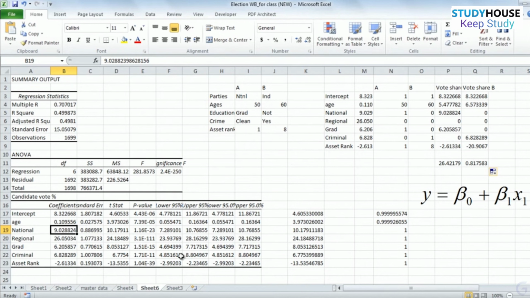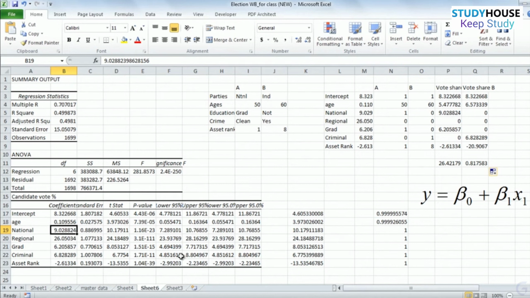But at this stage, we started by looking at the following: when we are trying to build a predictive model, we need to first identify the y variable. Did we have a clear definition of the y variable? In this case, the answer is yes, it's the candidate vote percentage. The next thing was to identify a set of x variables.